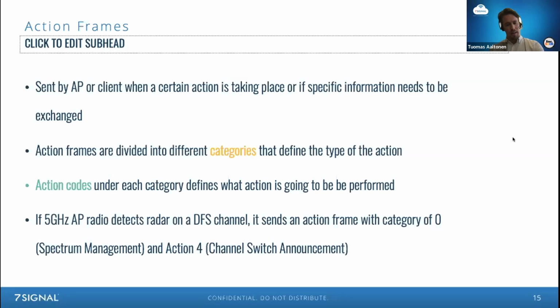And under each category, there are these different action codes that actually define what action is going to be performed. And category 0 is, for example, spectrum management. And under category 0, code 4 is channel switch announcement.